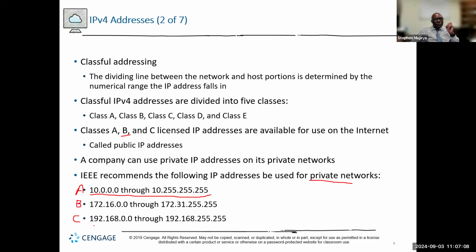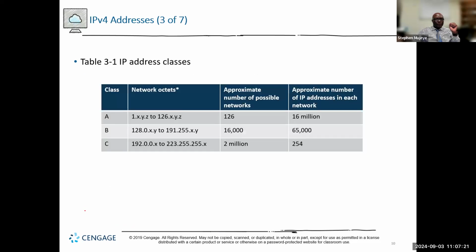Any network that falls into the 192.168.0.0 through 192.168.255.255, that's a range for private networks falling into Class C. In terms of those classes, this is a full list of Class A, and this is the range for Class A. It can support approximately 126 networks, but 16 million IP addresses can be issued, meaning 16 million end users can be supported with Class A IP addresses.